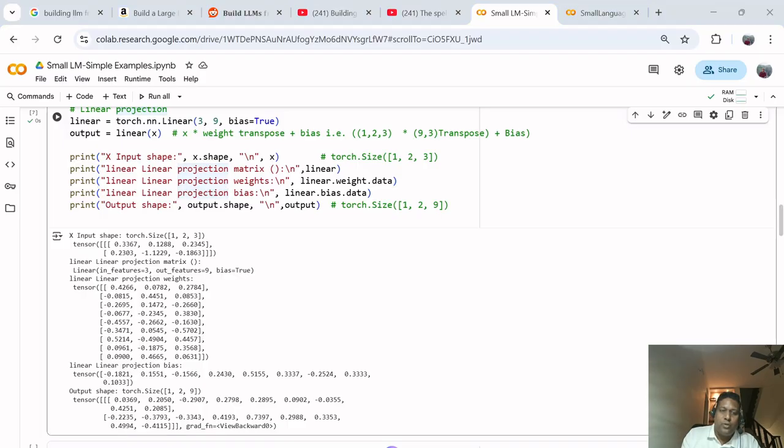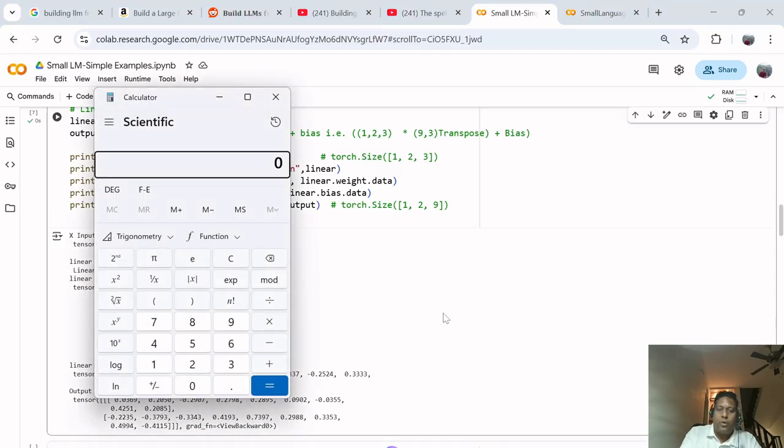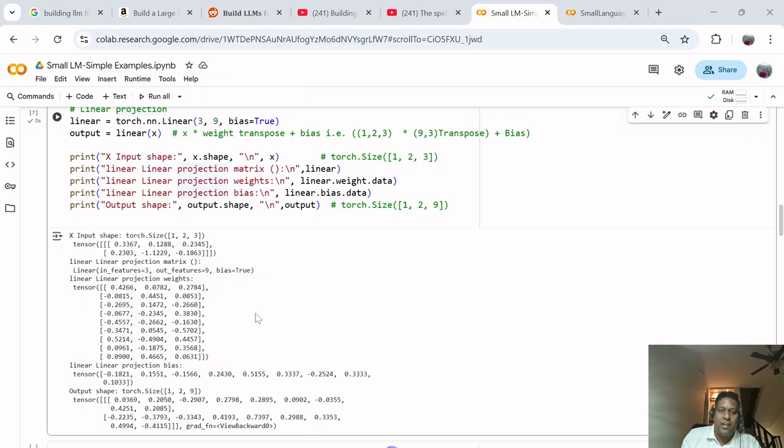So if you are using, let's say, one token is 568 dimensions, times 4, this linear projection will have a 2272 by 568 size matrix, which will get trained as part of the LLM training. And eventually, when we complete training, these weights and parameters will decide what the next token should be.